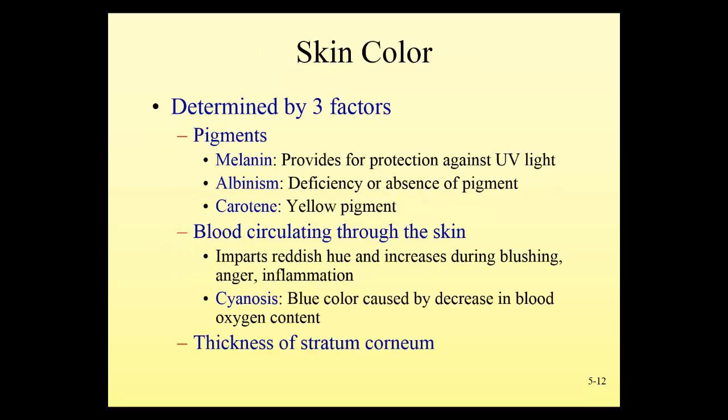The color of the skin is determined by pigments within the skin. Looking at melanin, remember that is produced by melanocytes in the stratum basale. And recall that the darker the skin, the more melanin is produced. It doesn't mean there's more melanocytes, it just means those melanocytes are producing more melanin.